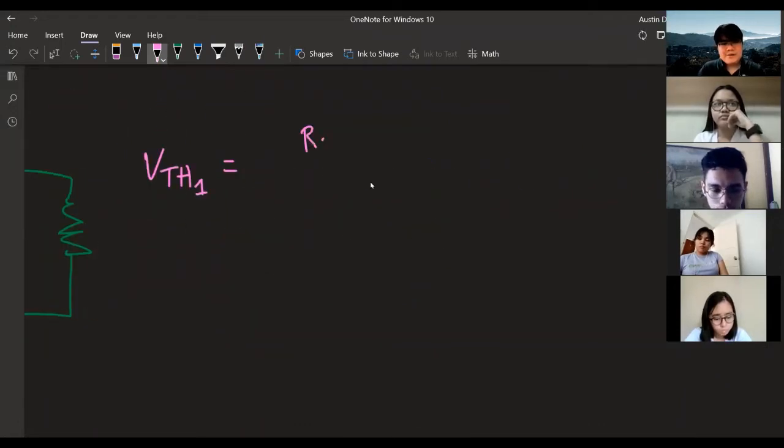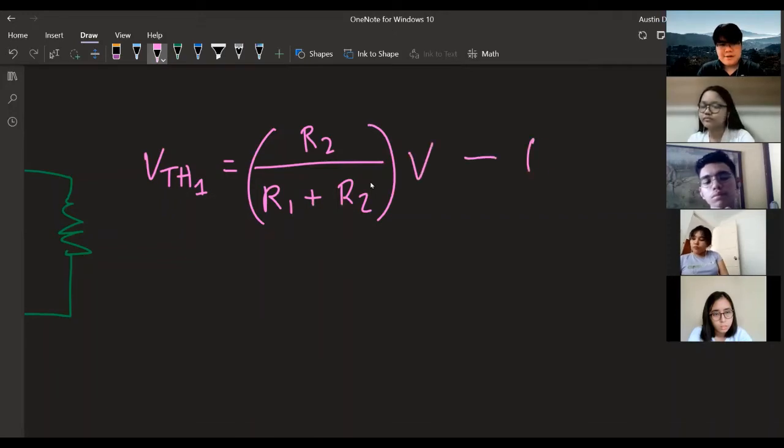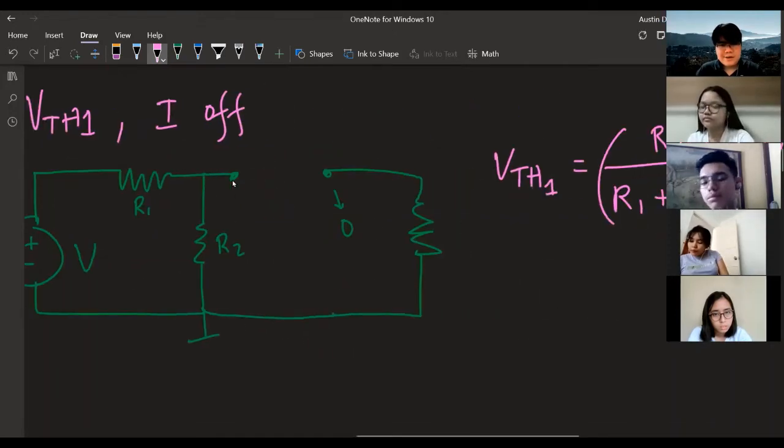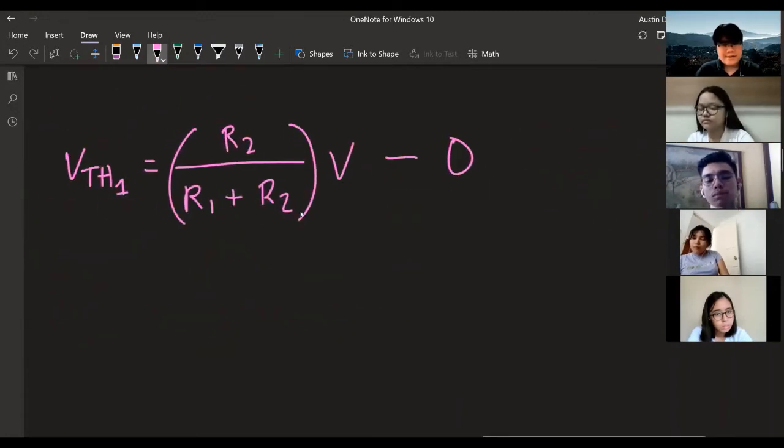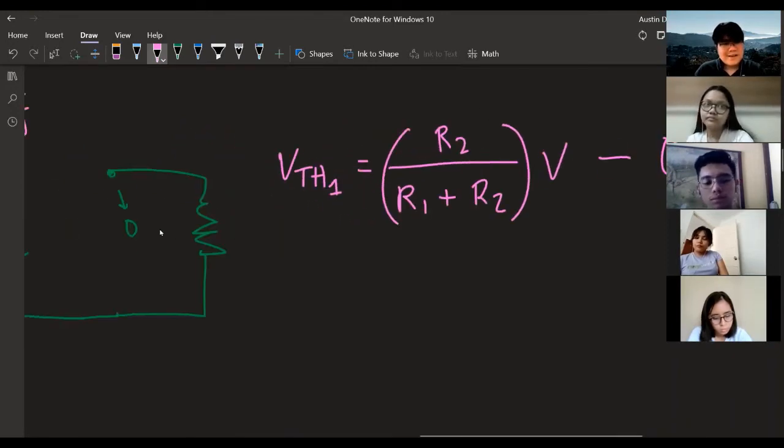Okay. The voltage divider ko would be like this. V, and then minus 0. So this one minus this one is this. Okay. So tanggalin natin to, kasi 0 lang naman.